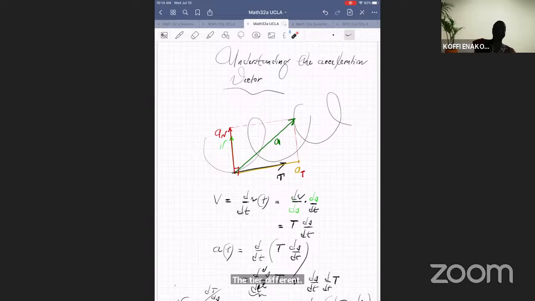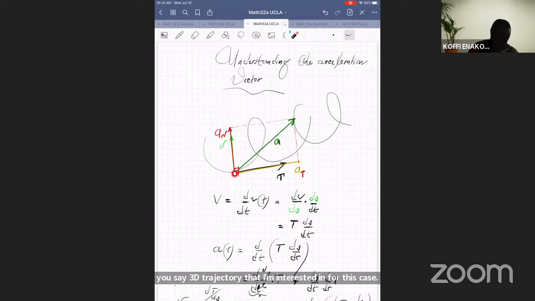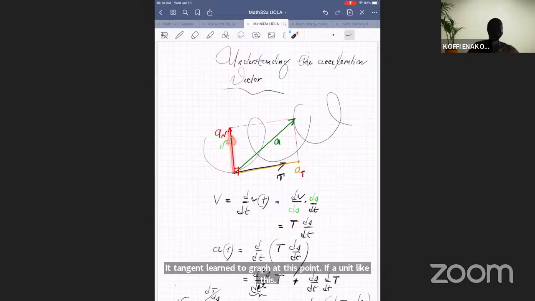So if the motion has a trajectory like this, a 3D trajectory that I'm interested in for this case, at each of the points here we said that there is a tangential and normal component. We have a tangent line to the graph at this point with a unit tangent like this, and the normal that is orthogonal to it.